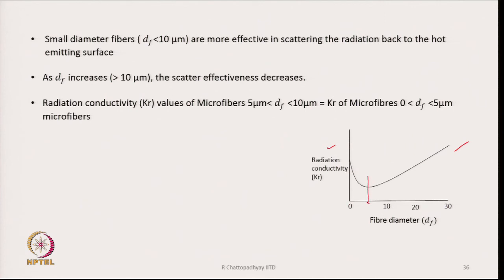But from here to there, in this range, let us say this could be around 5 or so, what do we find? With increase in diameter, the radiation conductivity becomes less and less. That means in this zone the effect of diameter is different than in this zone.